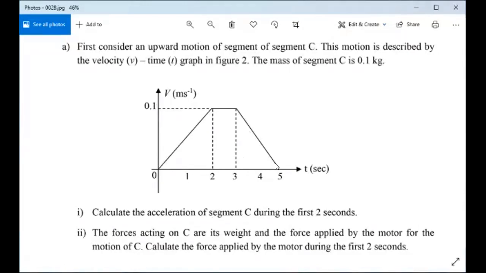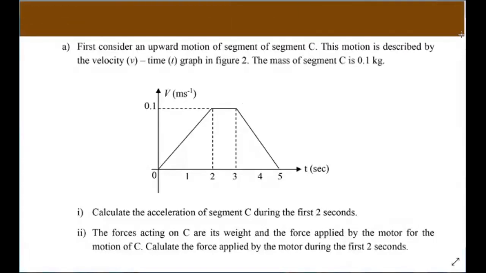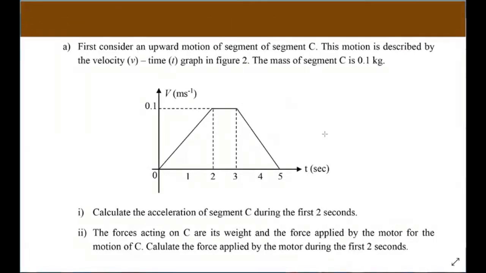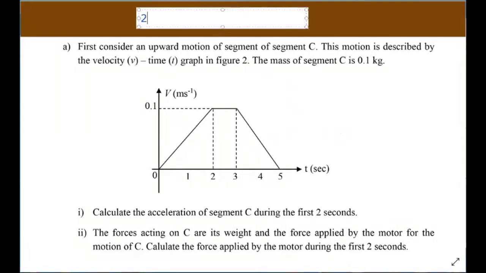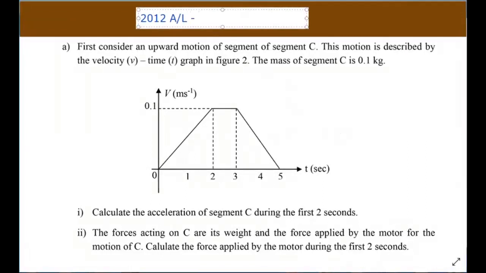Clear? Now please write the heading as 2012 AL first essay question.